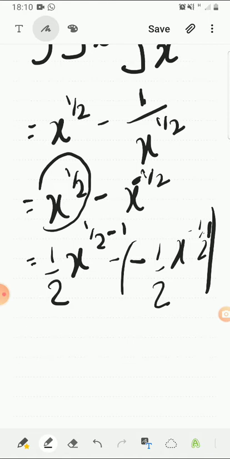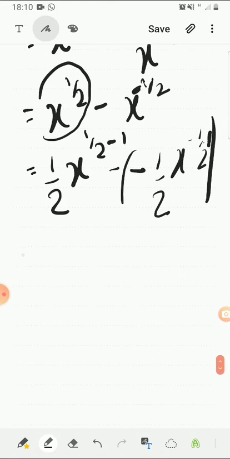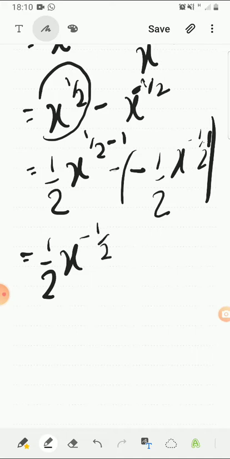This is a lot of fractions here. So half minus 1 is going to give you what? Minus half, right? Then minus times minus is plus, 1 over 2 x to the power of minus half.